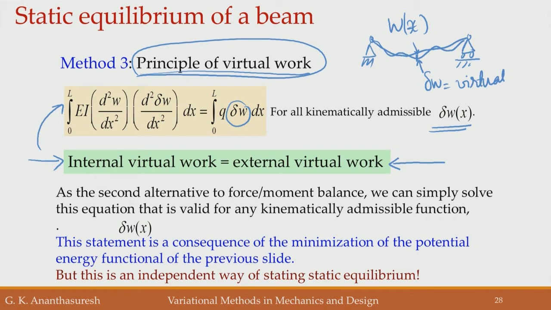Okay. It is a very profound principle, and Bernoulli was the one who thought of this way of doing it rather than force and moment balance, and later several other people have developed it.